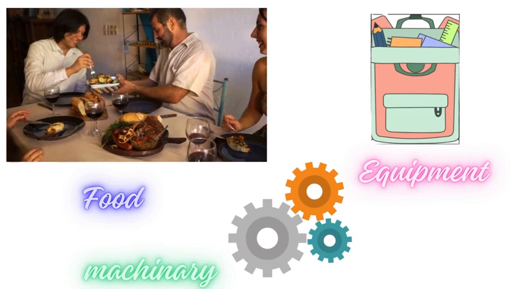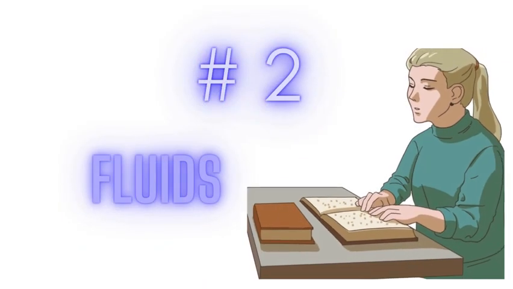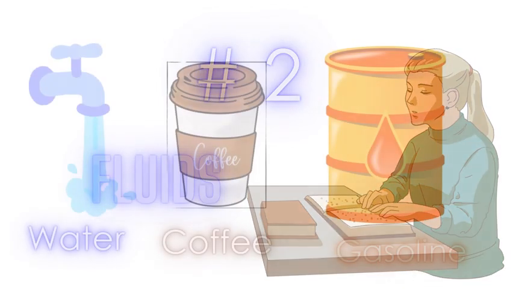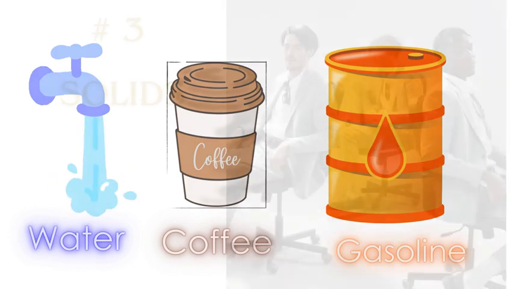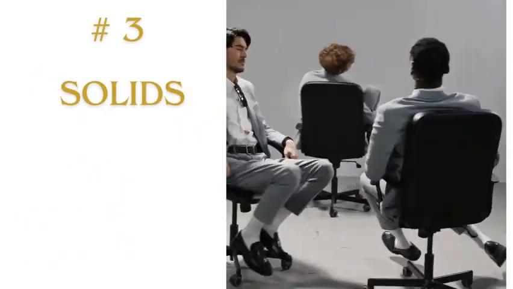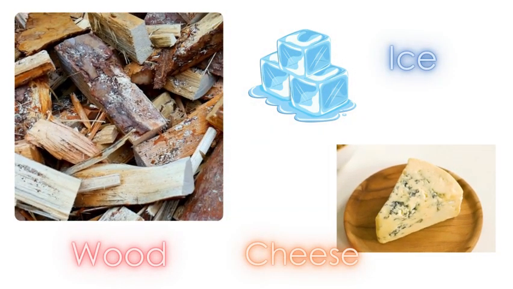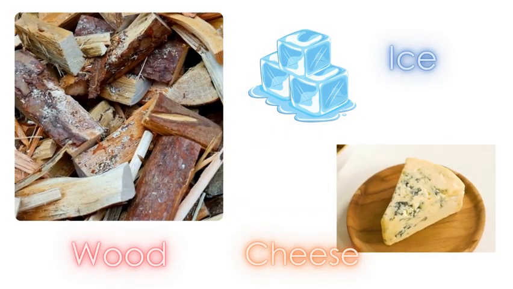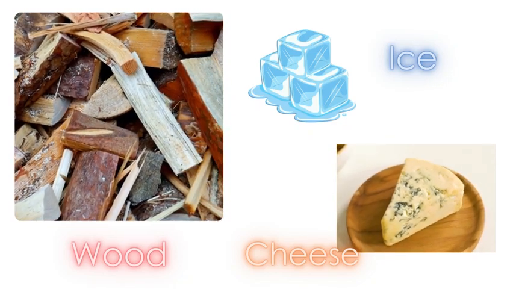They are uncountable nouns. Number 2, fluids. Uncountable nouns for fluids. For example, water, coffee, and gasoline. Number 3, solids. Uncountable noun for solids. For example, wood, ice, cheese.